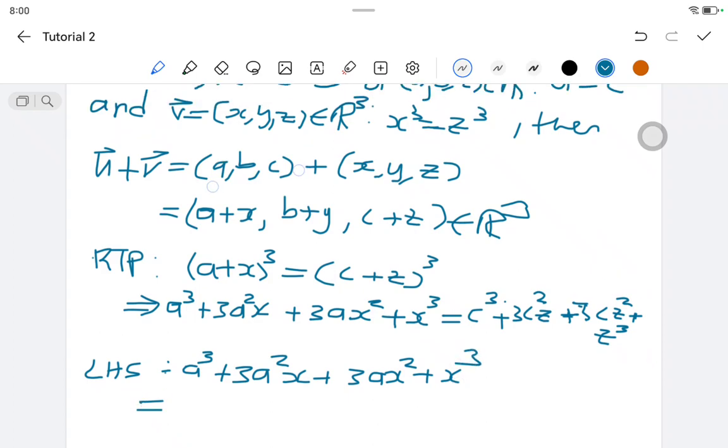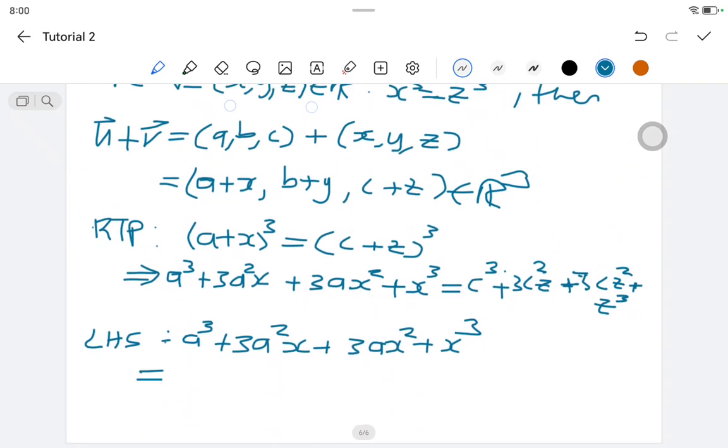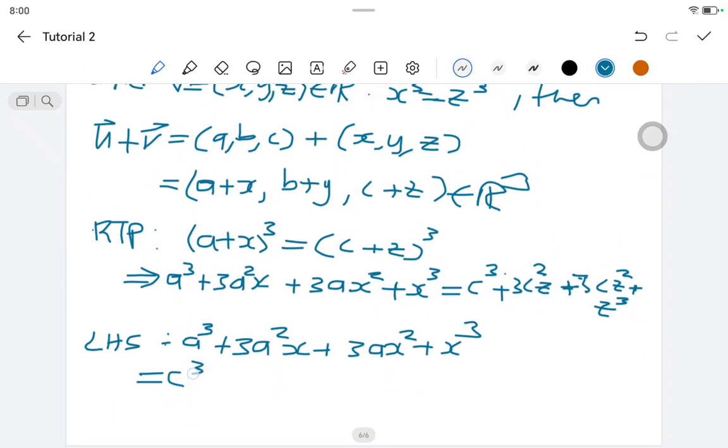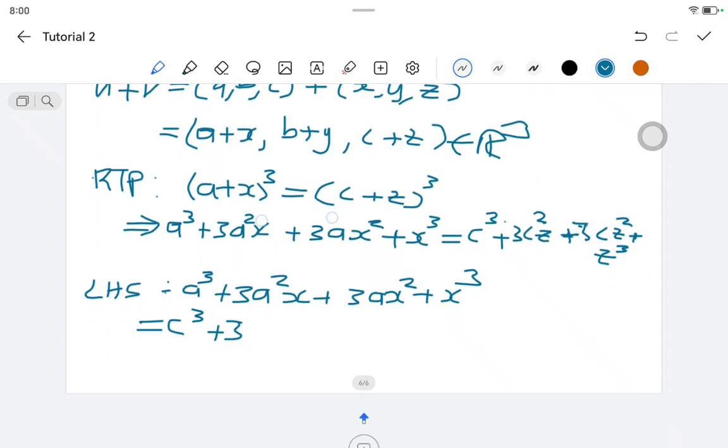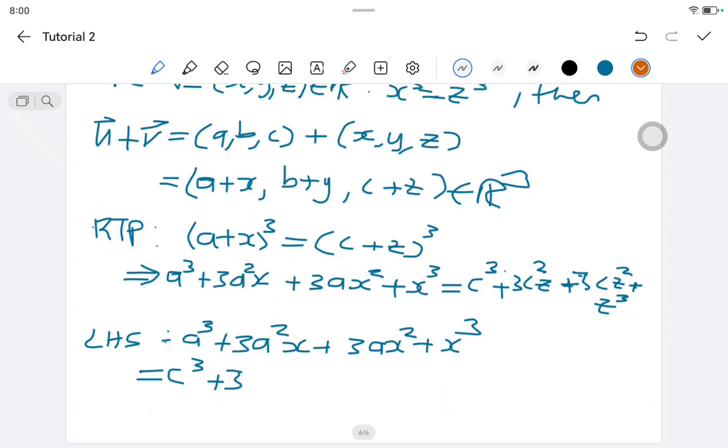This will be equal to, remember that a cubed is equal to c cubed, right? I can just put c cubed here, plus, and then we have here 3. Check here. Since a cubed is equal to c cubed, this implies that a is equal to c if I cube root all sides.